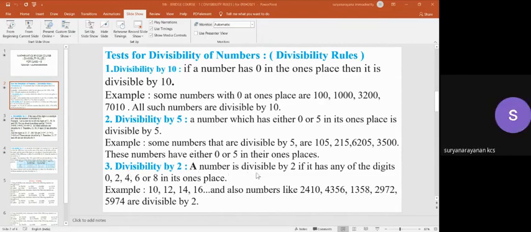See this rule, my dear children. A number is divisible by 2 if it has any one of the digits 0, 2, 4, 6 or 8 in units place, ones place. Units place or ones place, both denote the same. Don't be confused, my dear children.